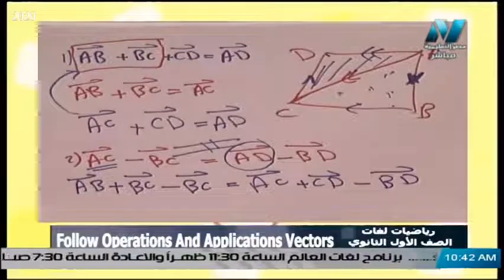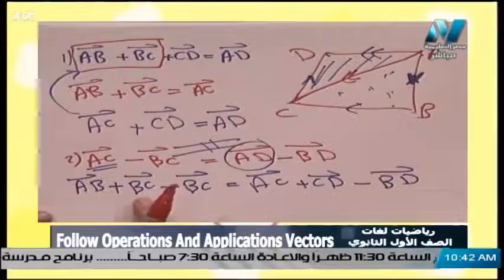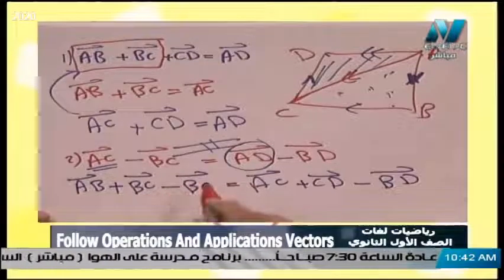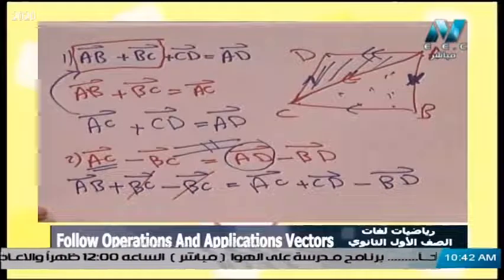What is happening now? We have the vector BC minus the vector BC, you can cancel them, equals the zero vector.